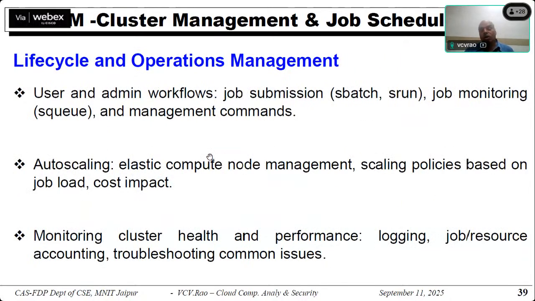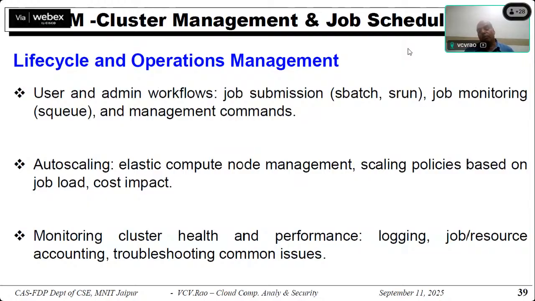Now, what are the issues with Slurm cluster management and job scheduling software? One is user and admin workflows, job submission. The job submission basically has sbatch, srun, and job monitoring, and auto scaling, that is elastic compute node management, that is scaling policies based on job load and cost impact.